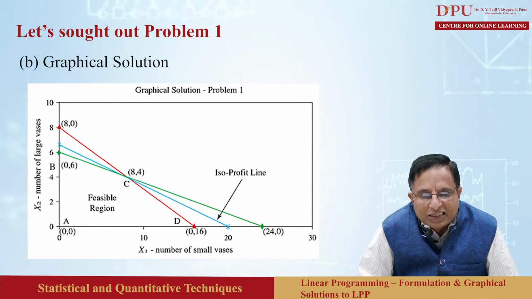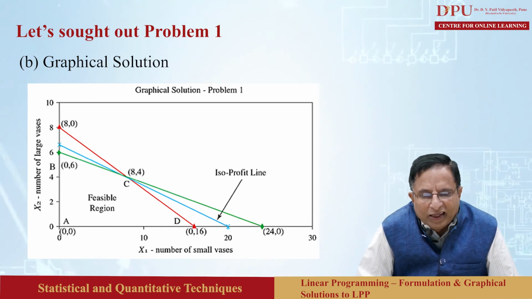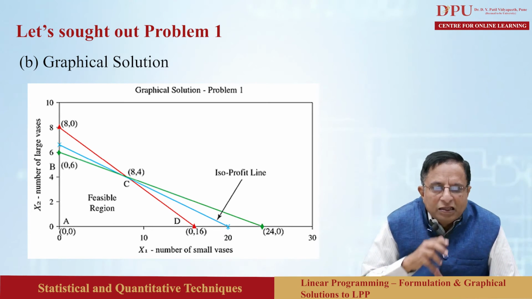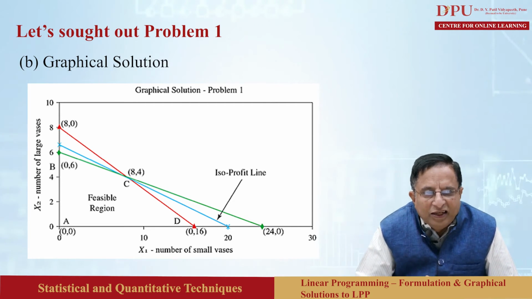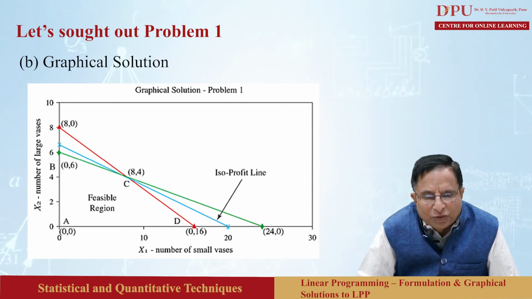And when you take this 8, 8,4, 0, 16, that is the red line. When you come to 0, 6, 8,4, 24,4, it's the green line, right. That side is probably 6 point something, here it is 20, it's the isoprofit line.